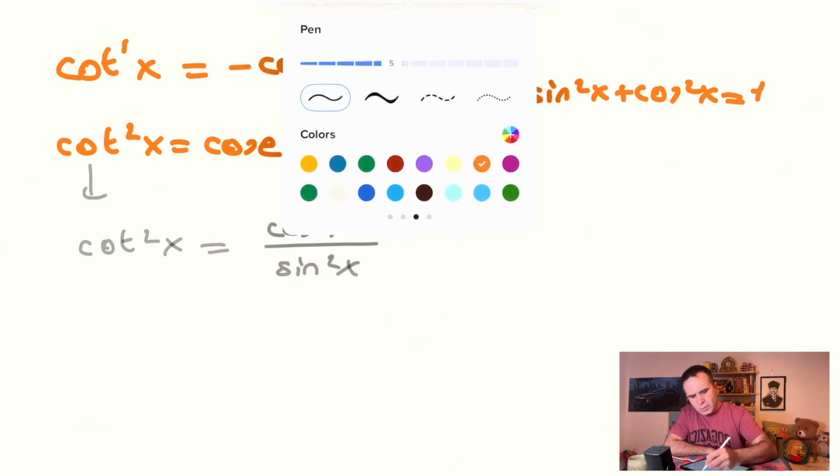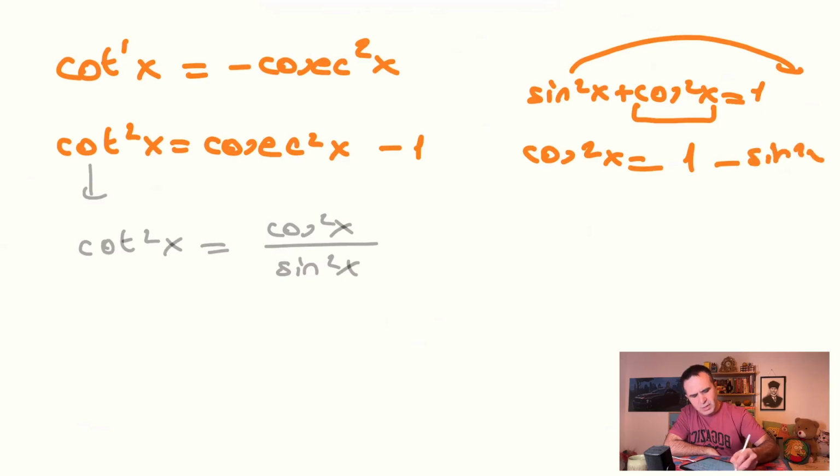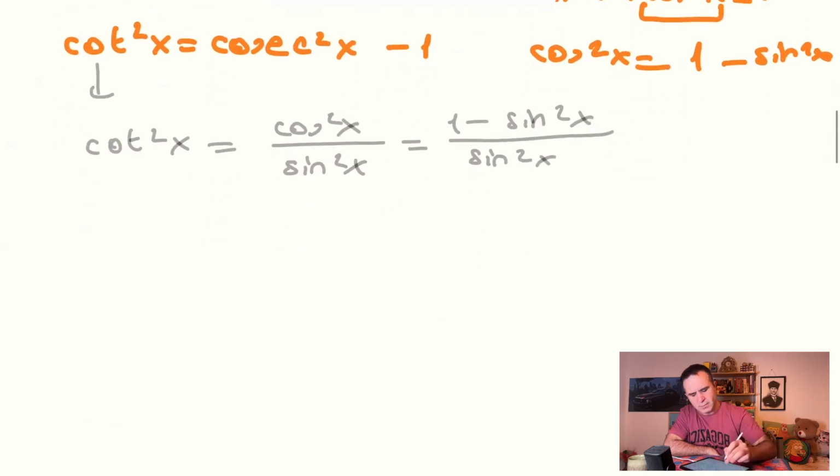Then you can write, instead of cosine square of x, cosine square of x is equal to 1 minus sine square of x. And here we can write 1 minus sine square of x over sine square of x.